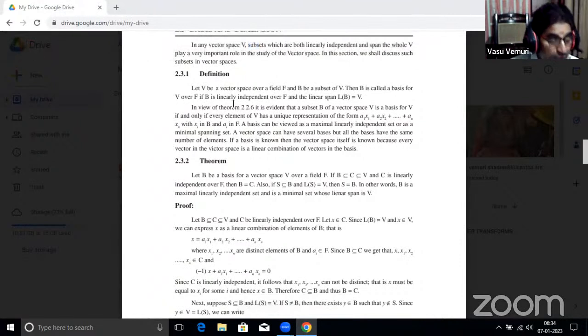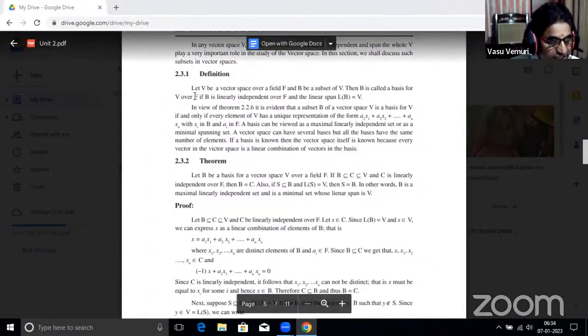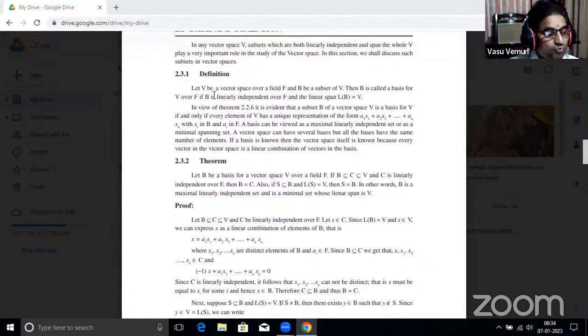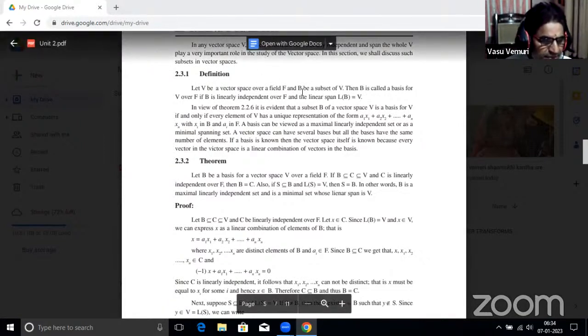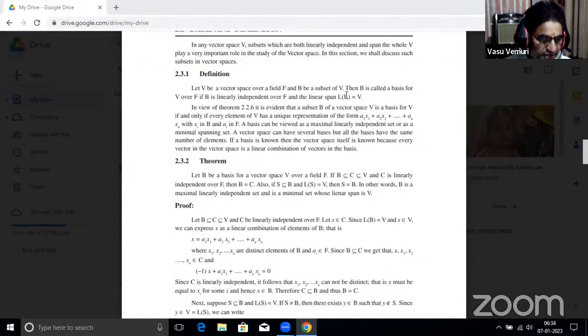This is one of the important definitions in the part of vector spaces. Okay. Next, once again, what is the basis of a vector space? Let V be a vector space over the field F, and B be a subset of the vector space.